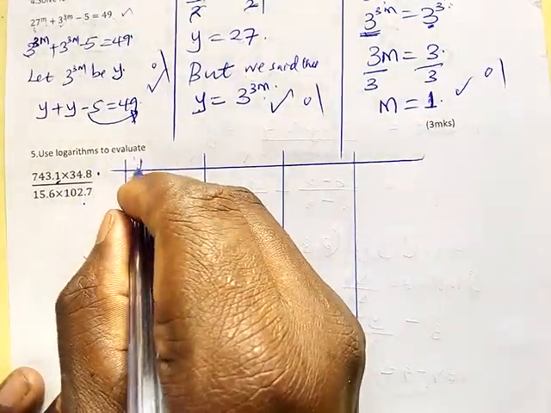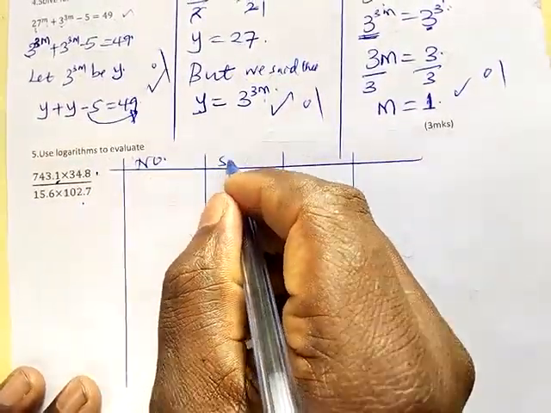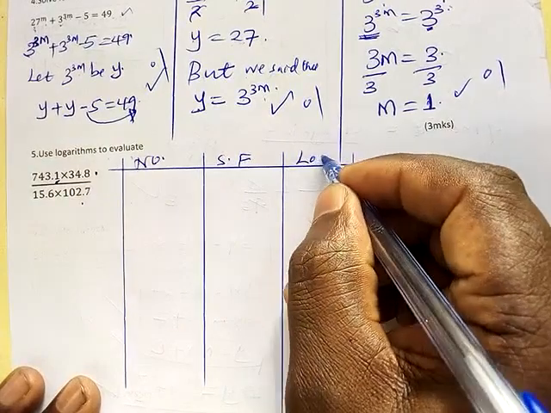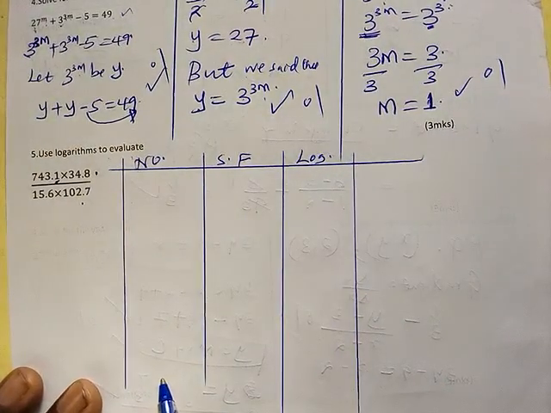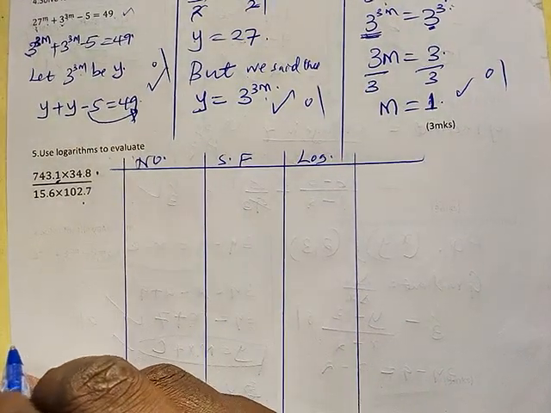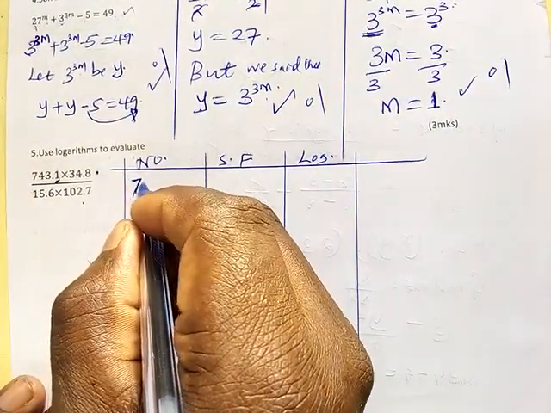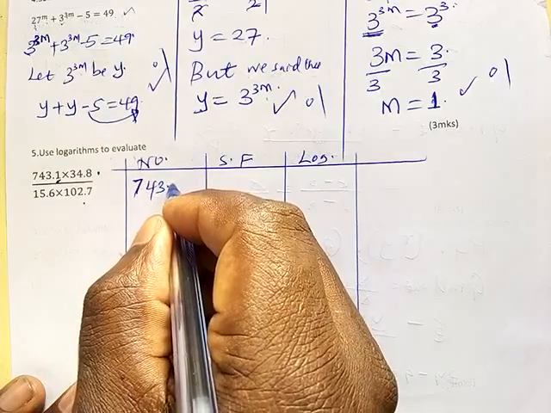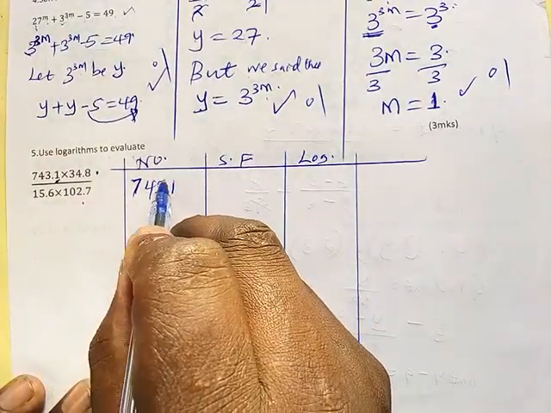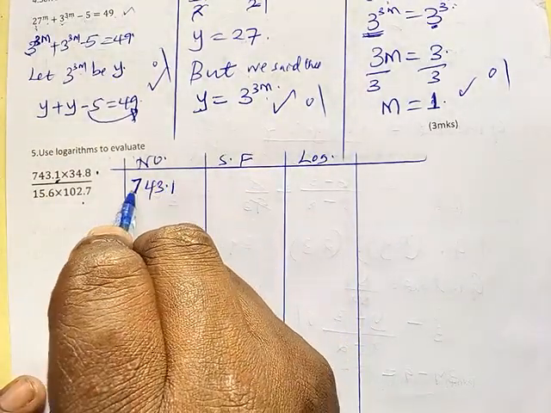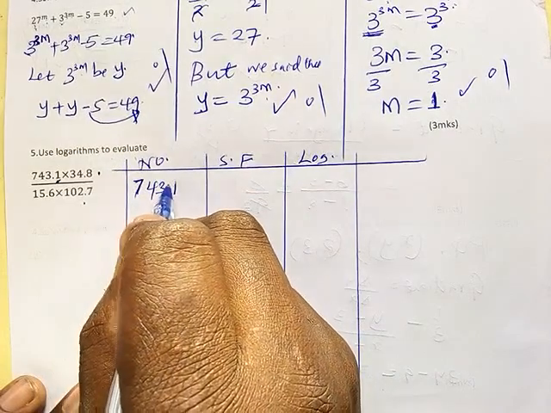Obviously we start with the number, the standard form, and then the log. So the first number is 743.1. Let us write this number in standard form, because the number is 743 and our point is here.